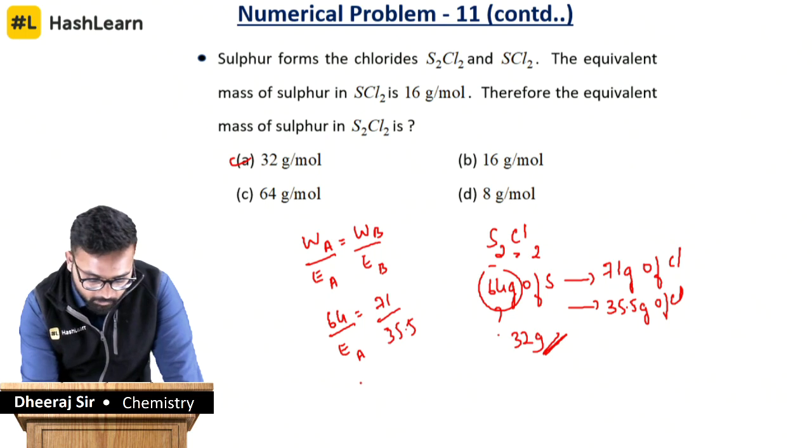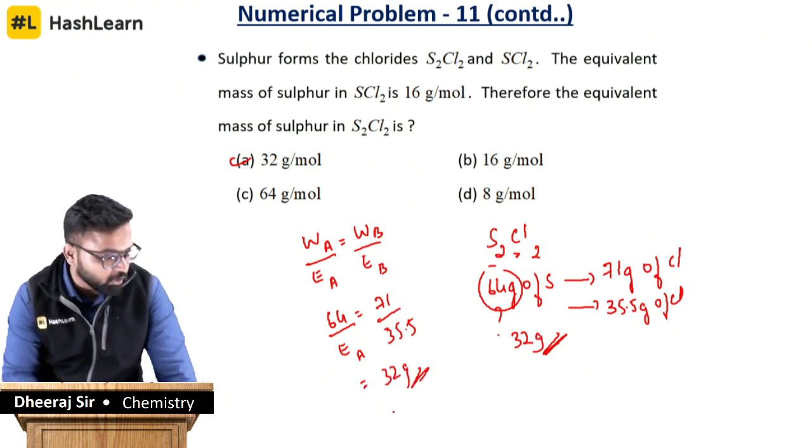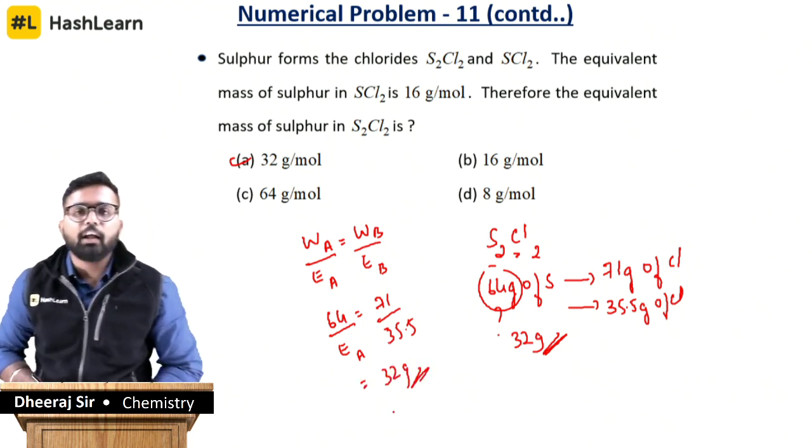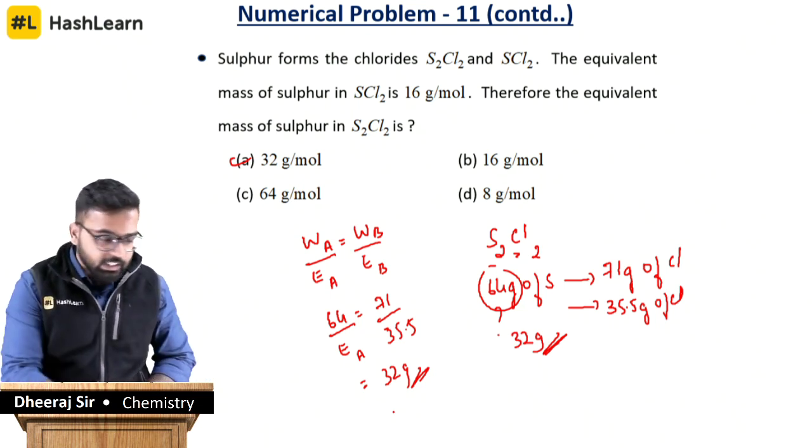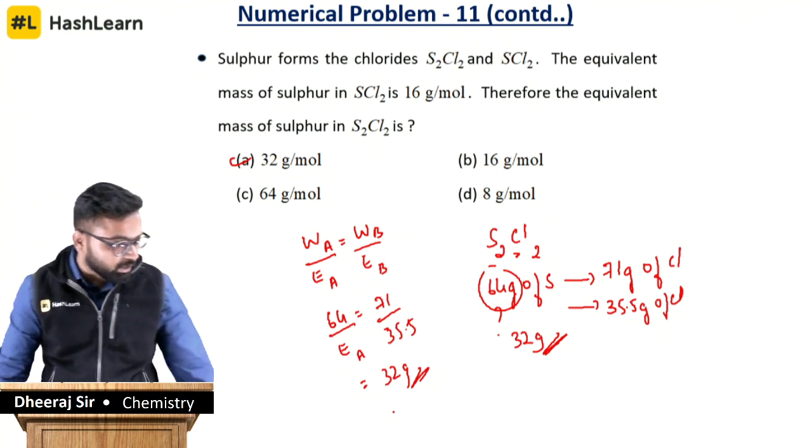If you cross multiply, you will arrive at 32 grams. You can go by the formula or by the equivalent weight definition. Both will lead you to the right answer. It's 32 grams.